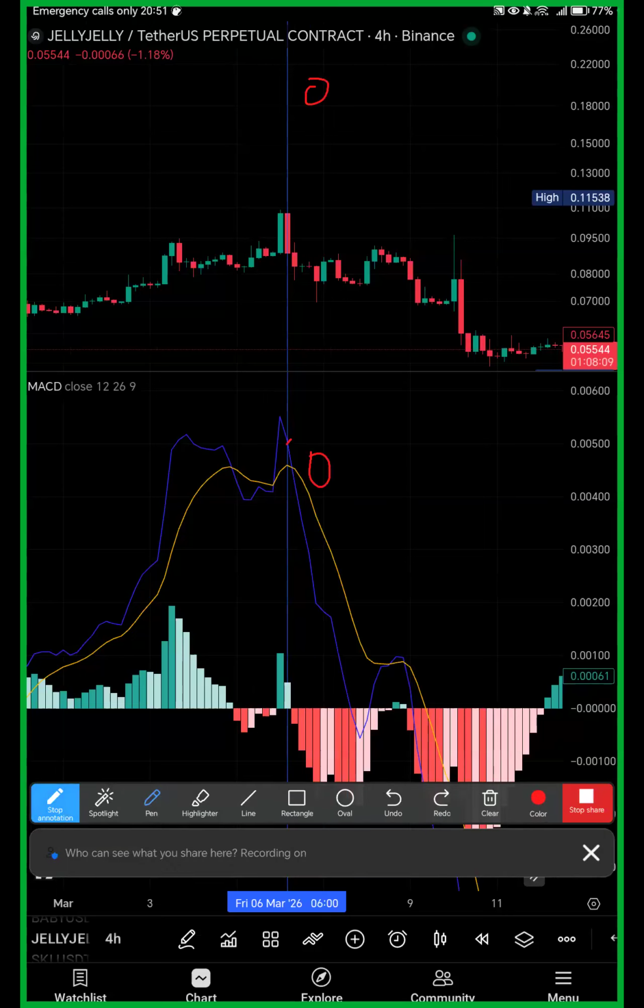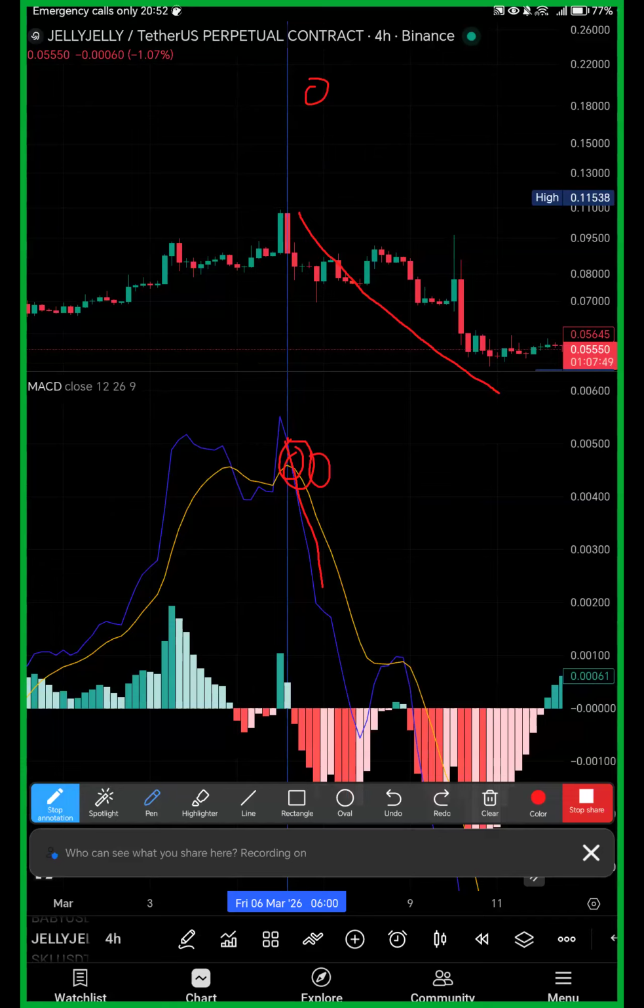you can see that when the MACD line crossed the signal line, the market started to go down. Okay? So if you were to short the market, you make your entry here. It means you are going to have a successful trade. Are you following?